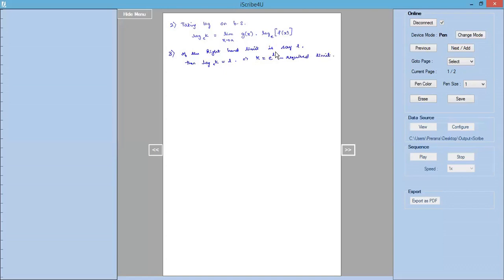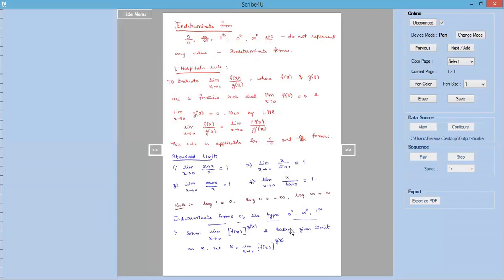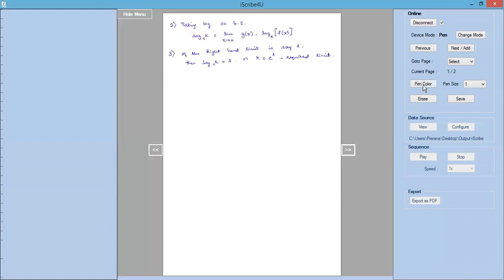So this is the working procedure to obtain the limits of the indeterminate forms of the type 0 power 0, infinity power 0, and 1 power infinity. These are the standard types which we are going to talk about while doing problems. So now let us move on to the problems part.